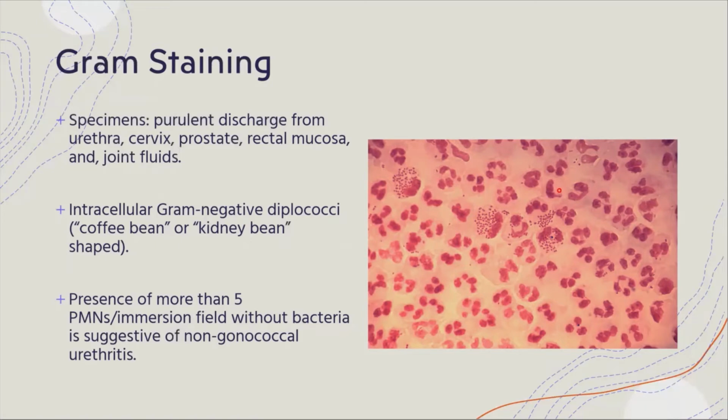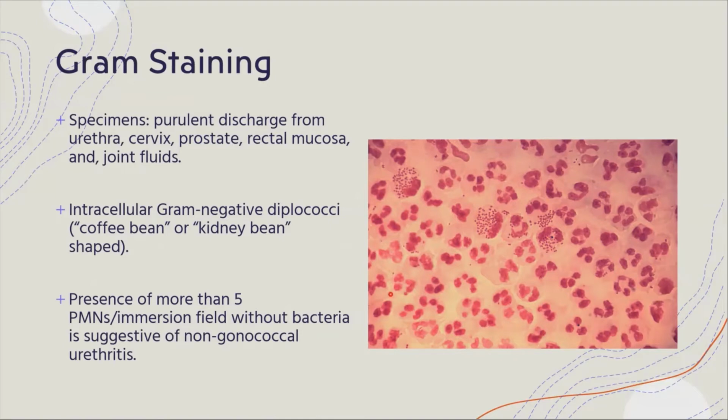So under the microscope, you can observe intracellular gram-negative diplococci. So they appear in pairs. They also are gram-negative, so pink ang kulay. So with the characteristic coffee bean or kidney bean shape. So isa sa mga hanapin nyo, class, if you received a purulent discharge sample suspected for Neisseria, ang una nyo expected na makikita are, of course, yung abundant neutrophils. Okay, so these are all neutrophils responding to the infection.